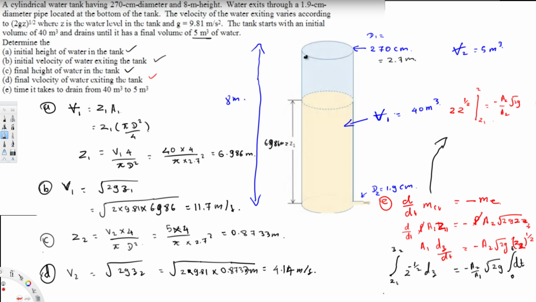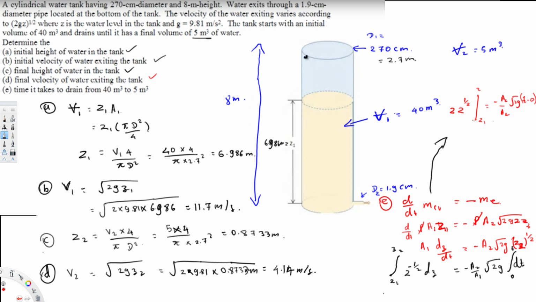If I integrate this one, that's going to be just t minus 0, the 0 to t, so it's going to be t minus 0. Then what else we have? So we have this equation right here.